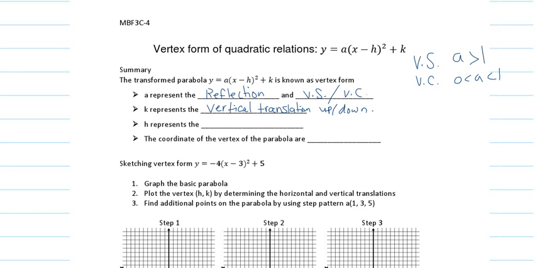And H represents horizontal translation. So that's left or right. Good. The coordinates of the vertex of the parabola are what letters? HK.